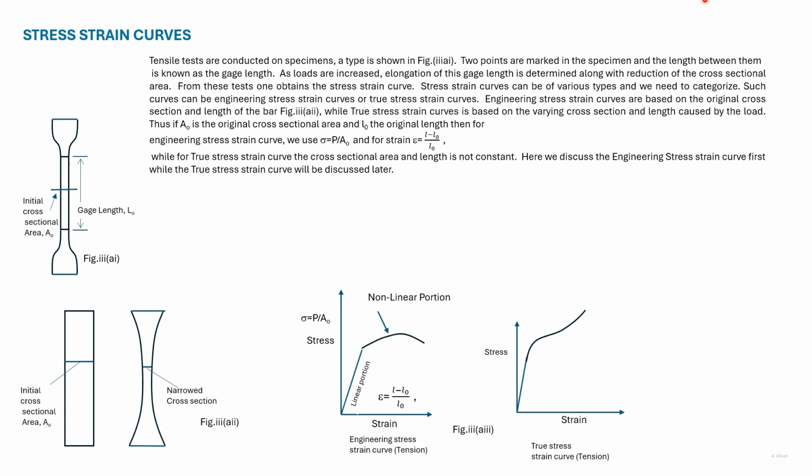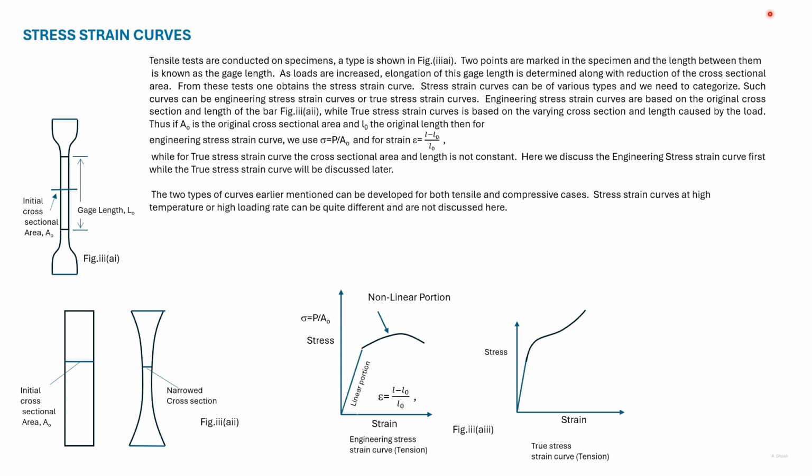Stress-strain curves can be obtained for compression as well, as earlier mentioned. Stress-strain curves for high temperature and high loading rate can be quite different and will not be discussed here. Stress-strain curves of brittle and ductile material are different.